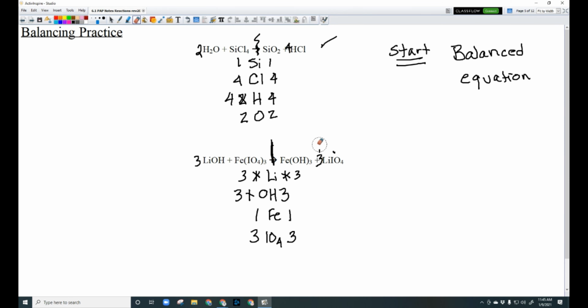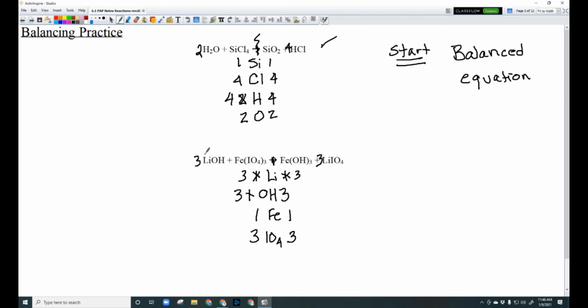always go back and double check your balancing before you try to start using it, because it gets really frustrating in chemistry when you think you have a balanced equation and then you start doing other calculations and then you go back and look and you see that it wasn't balanced correctly in the first place, so you've wasted a lot of time.